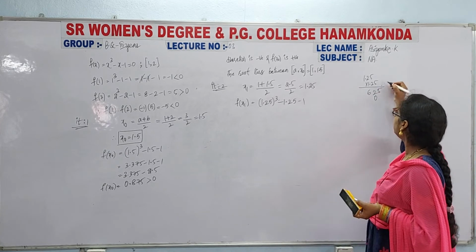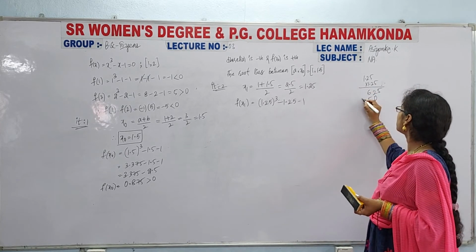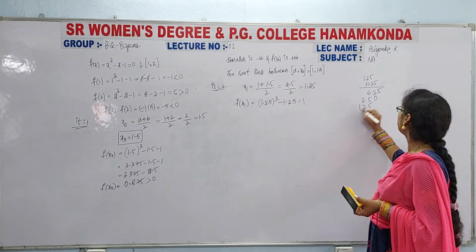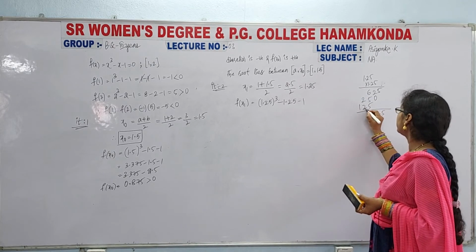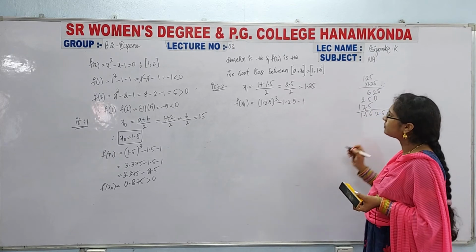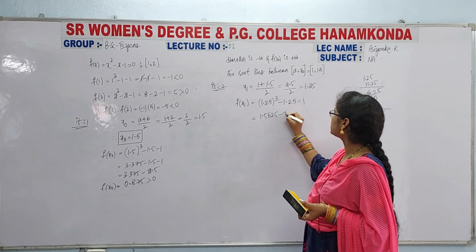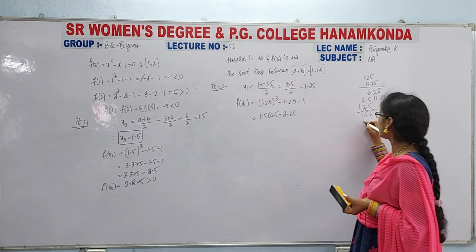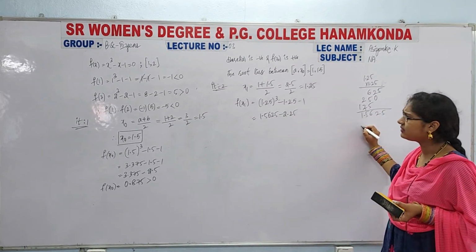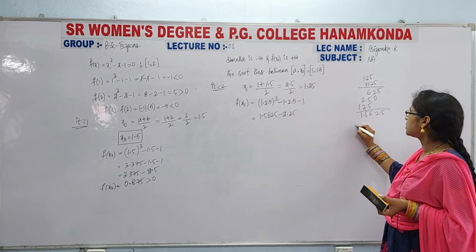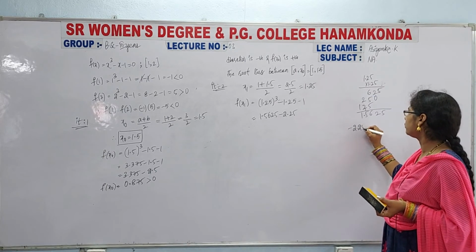Now 10, 4, 5, 2 1s are 2. Next 1, 2, 5. 5, 2, 10, 16, 4, 5, 1. Next after 4, that means 1.5625 minus 2.25. Now here I am taking the value. Okay. Now it is nothing but minus 2.25 and 1.5625.